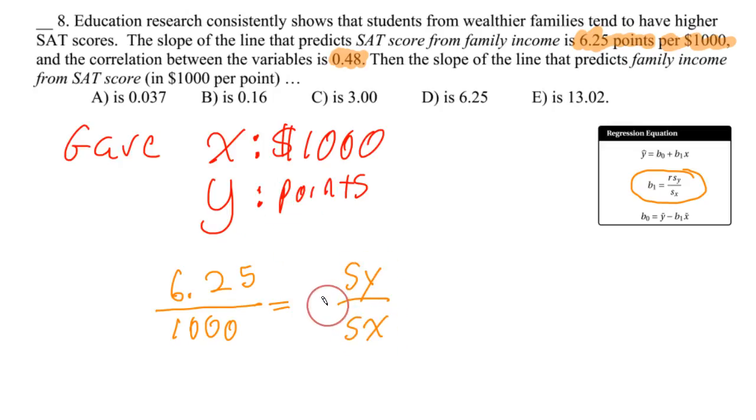And you might go, well, why did I not put r? The reason is because they told us what r was right here. So r was 0.48.